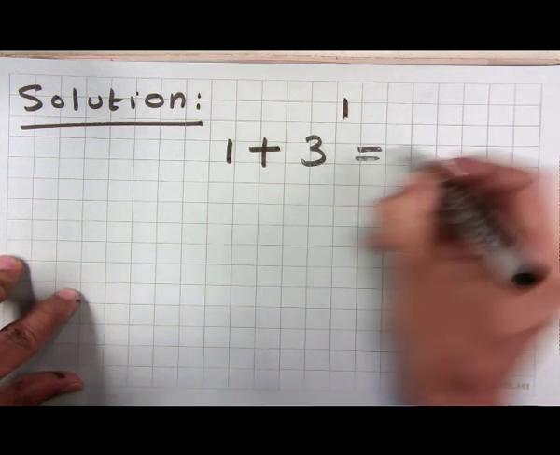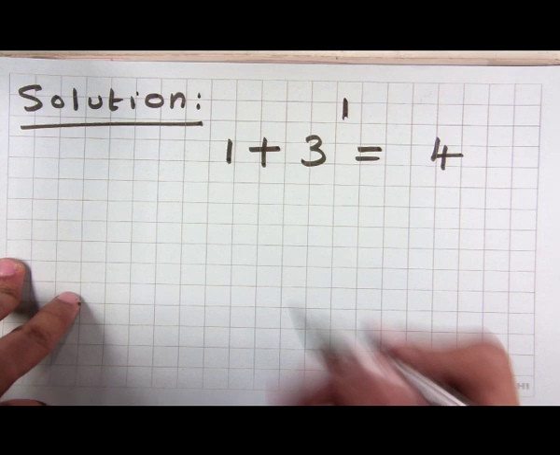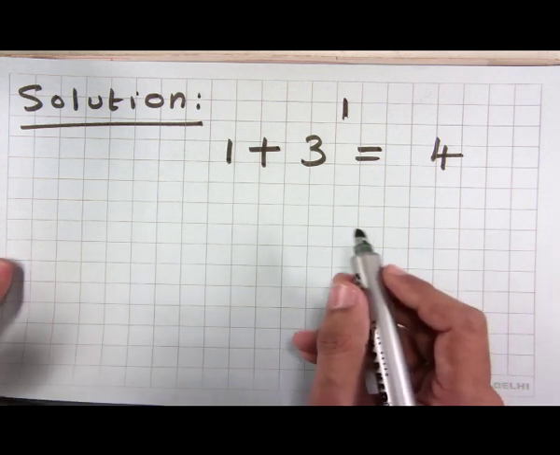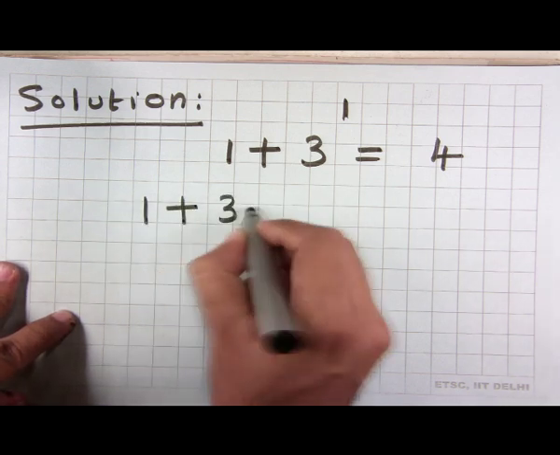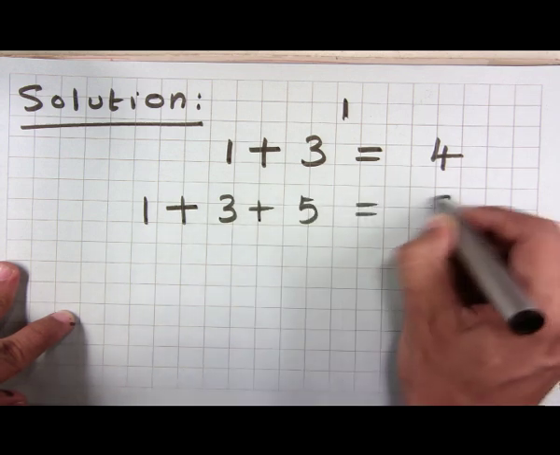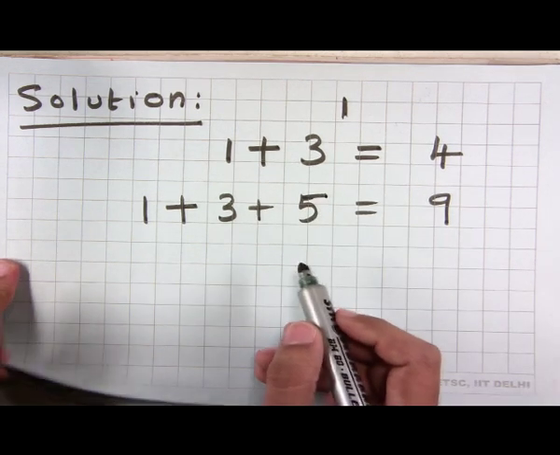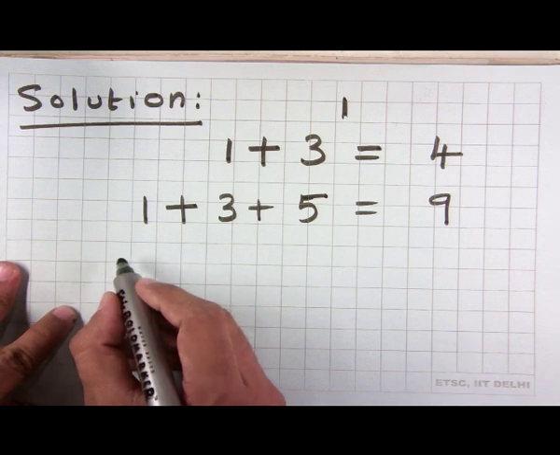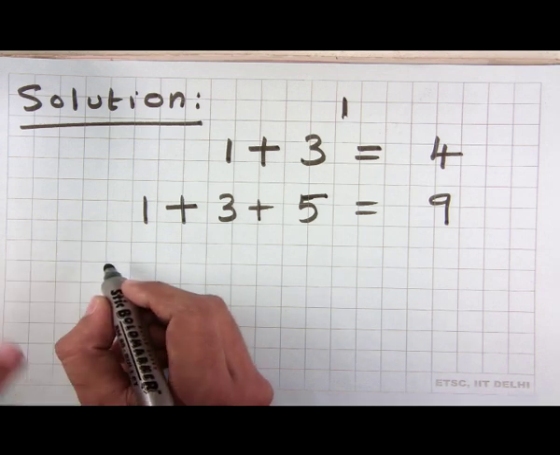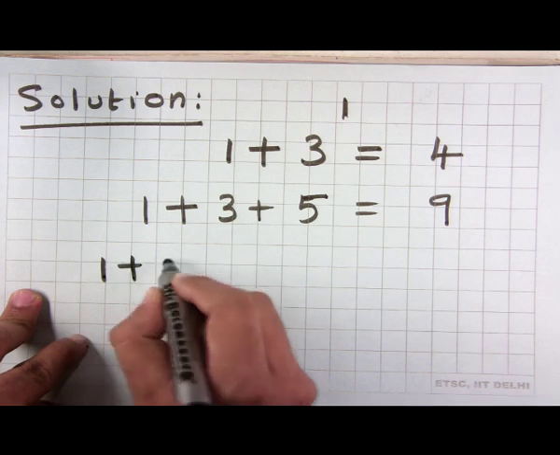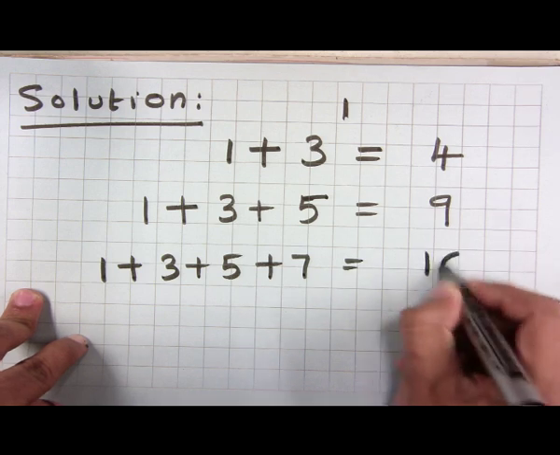I sum it, I get 4. Next, let us take first three odd positive integers, namely 1, 3 and 5. 1 plus 3 plus 5 is 9. We can go on. Let us do one more. Take first 4 odd positive integers, namely 1, 3, 5 and 7. Let us add it. You get 16 and so on.